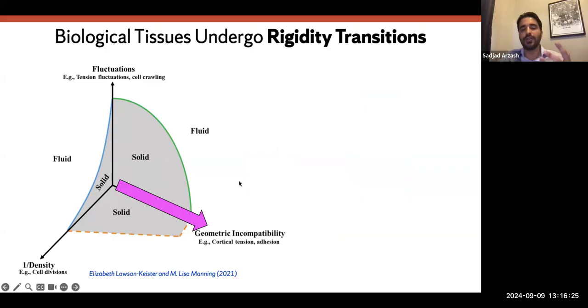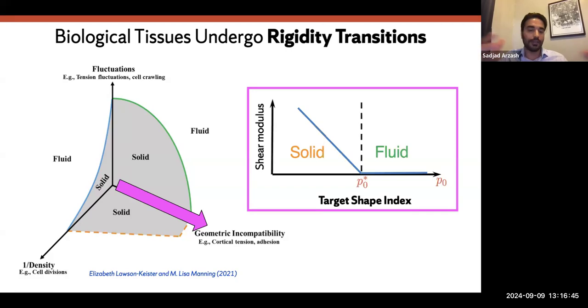And that's just due to geometric incompatibility between the shape parameter and the target parameter that I'm going to talk about. And this geometric incompatibility is a fancy name for pre-stresses. So the system is basically pre-stressed in the solid state and stress-free in the fluid-like state.